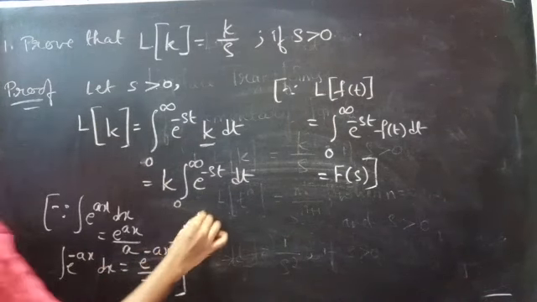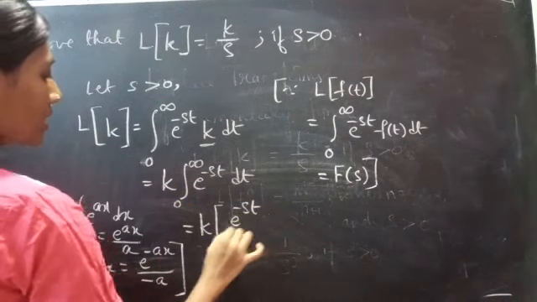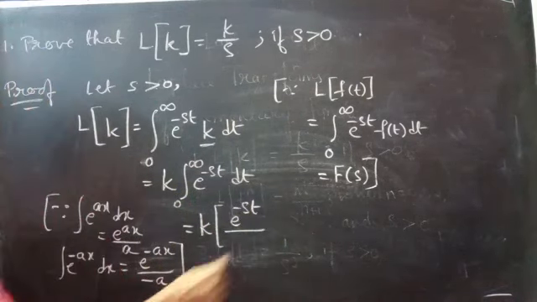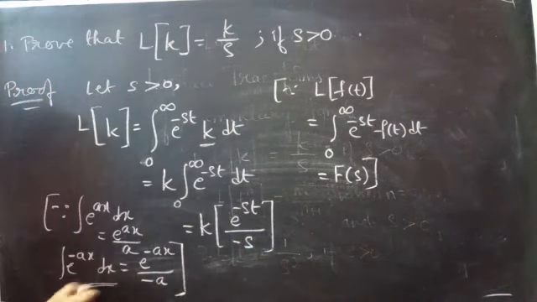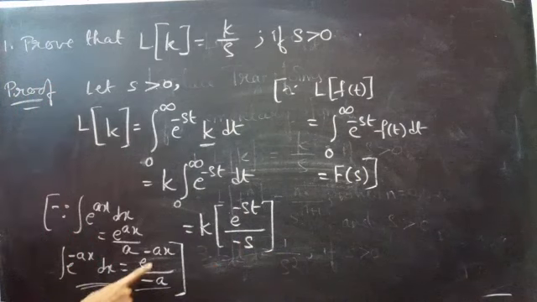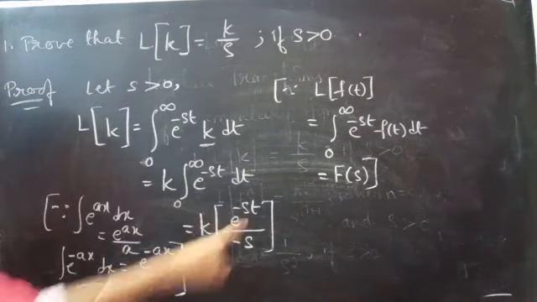So this can be written as k into e power minus st divided by minus s. You can compare with this formula.